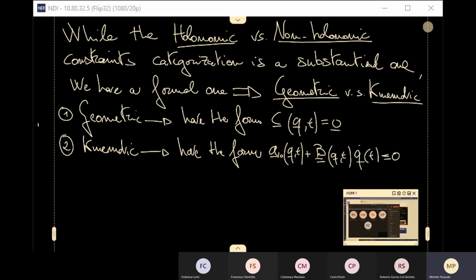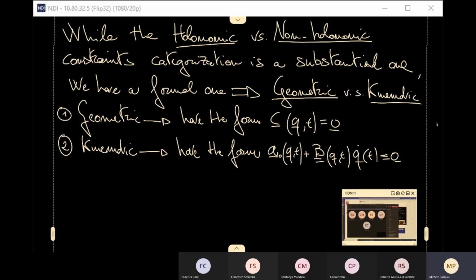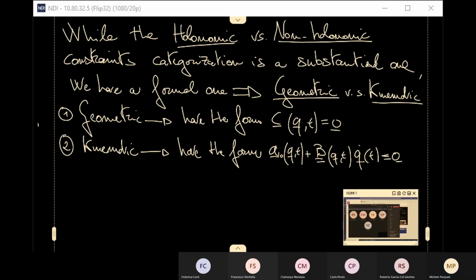Well, one then could say, okay, but what's the difference then between geometric, kinematic, and holonomic and non-holonomic? Non-holonomic can be defined as what? Kinematic non-integrable constraints. Okay? What does it mean, non-integrable?